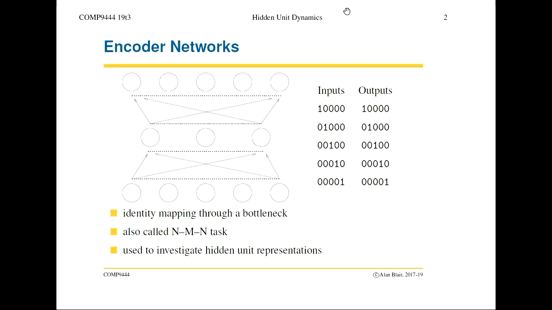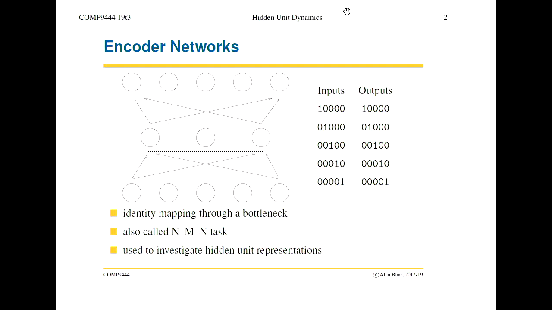So I'm just going to draw, so we use what's called a 1 in n encoding. So however many input nodes we have, we have the same number of input patterns as nodes, and for each input pattern, one input has a value of 1 and the others have a value of 0.